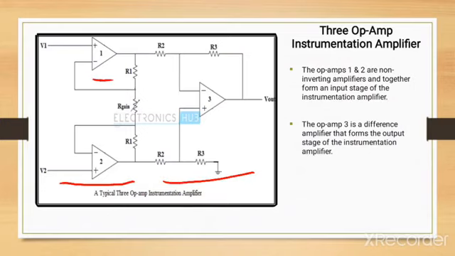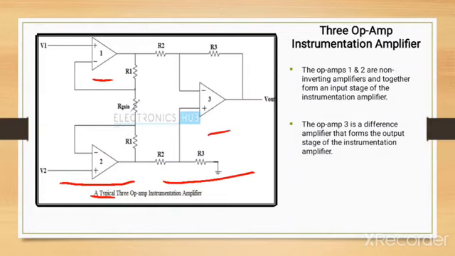Operational amplifier 1 and operational amplifier 2 act like voltage followers, and this one is a difference amplifier. A voltage follower is one where whatever input you give, the output will be the same. The voltage is followed at both input and output, which is why it is named a voltage follower.